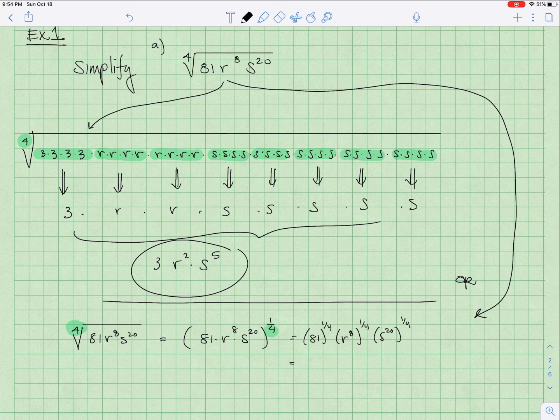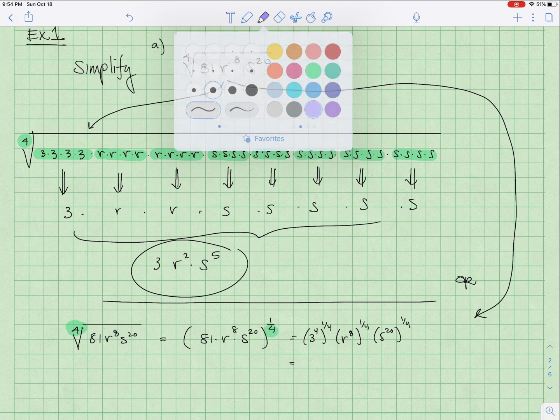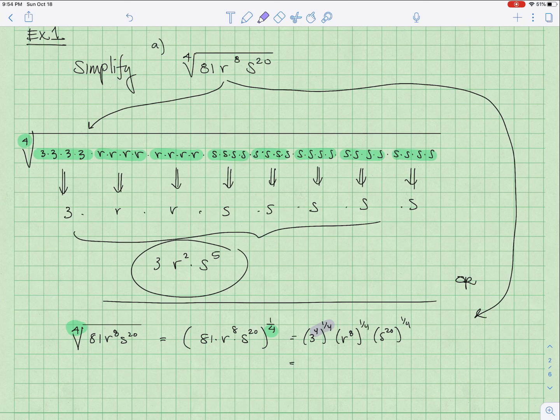Now, 81 is actually 3 to the 4th power, which means that we're going to multiply these exponents together. Let's get a different color here. Multiply. 4 times the 4th is 3 to the 1st power.